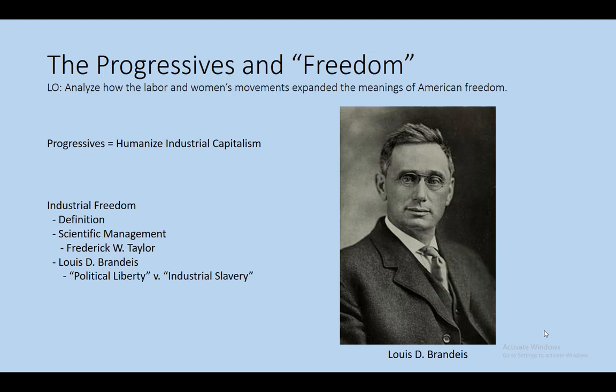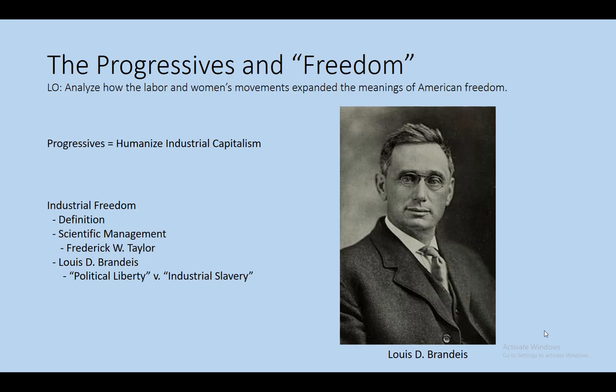There were Democrats who identified themselves as progressive. This was more of a way of viewing the world as opposed to, say, a political ideology. Now, of course, today if you call somebody progressive, it means that you're a very liberal Democrat, right? That's what this term has come to mean today. But that is not what the term means during the Progressive Era.